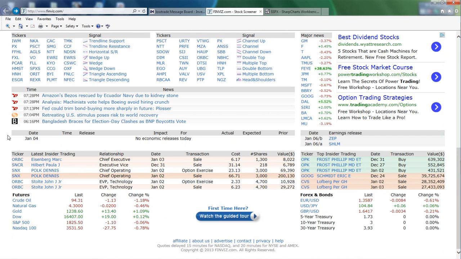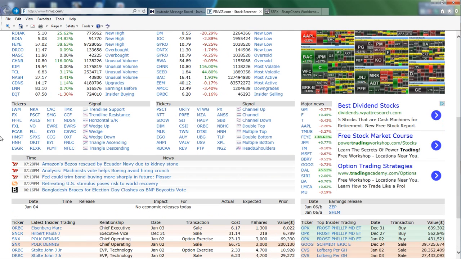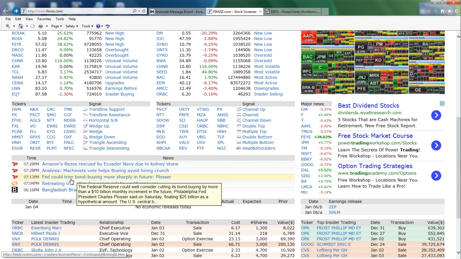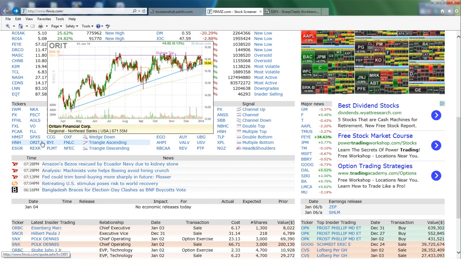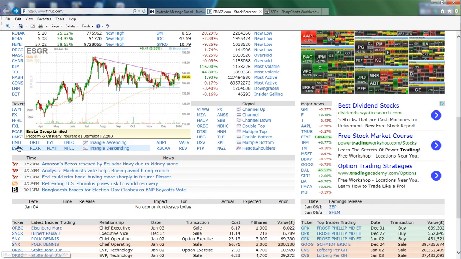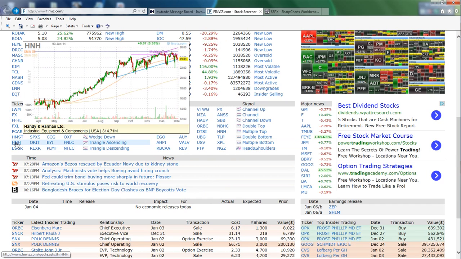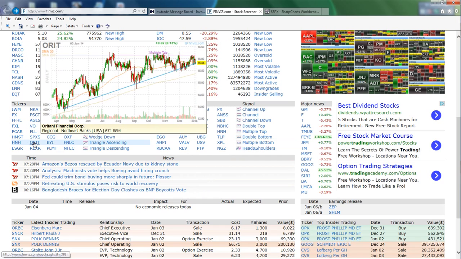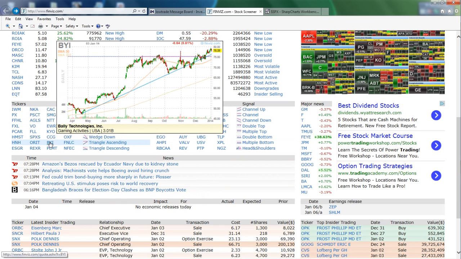Let's go down and look at chart pattern stocks. I'm a chart pattern guy. I love flags, but FinViz doesn't offer any flag patterns for you, so my next favorite chart pattern is the ascending triangle. That one sucks. That one broke out, but I'm looking for a 10 to 20% swing trade, basically.